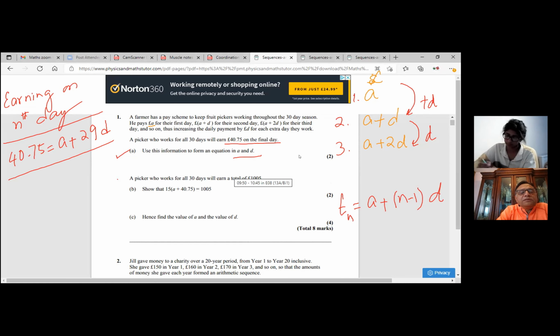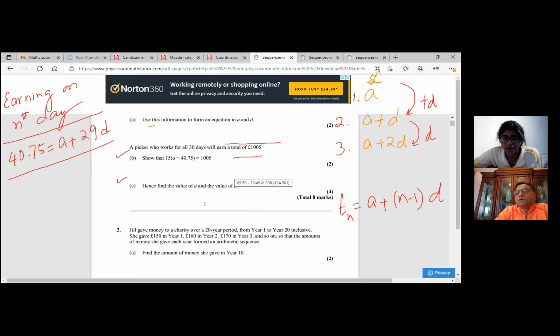Now, can you please read this part? A picker who works for all 30 days will earn a total of £1,005. So the sum for an arithmetic sequence is n divided by 2 times (2A plus (n minus 1)D). So that's the formula, right?